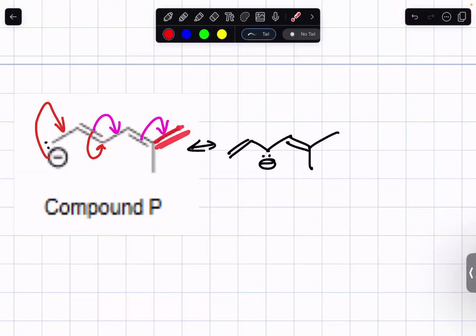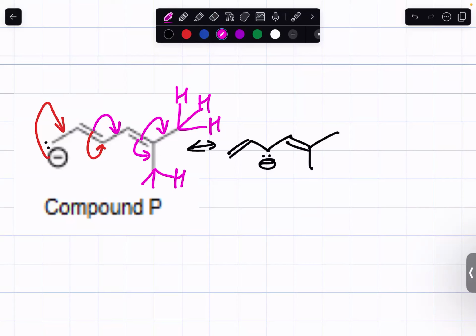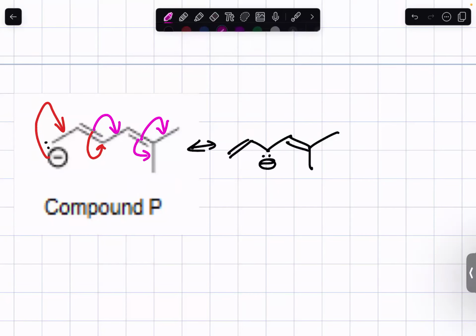Wait, 1, 2, 3. Oh, I guess you can make another bond below it, right? Like down here, a double bond down there? Yeah, that one. So, what is the hybridization of both of these carbons? Let's say the hybridization of this carbon and this carbon.